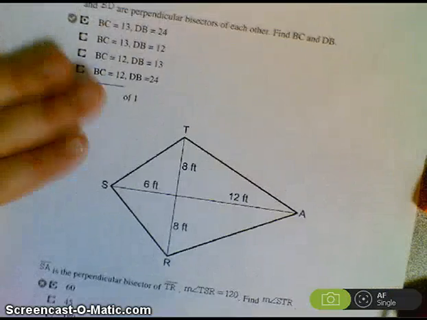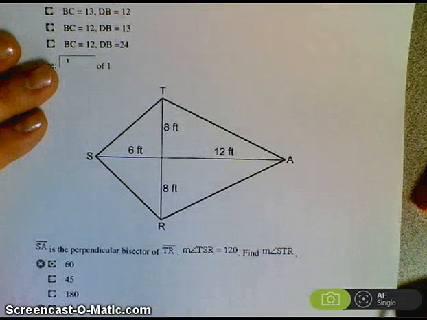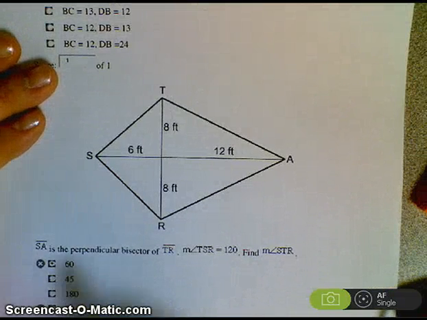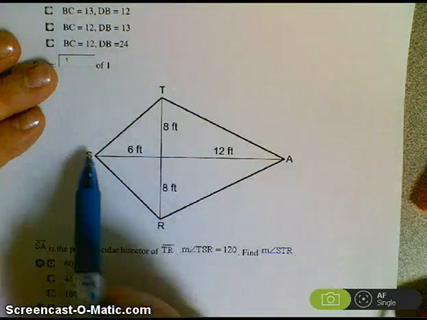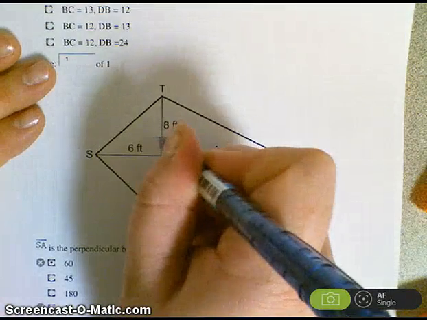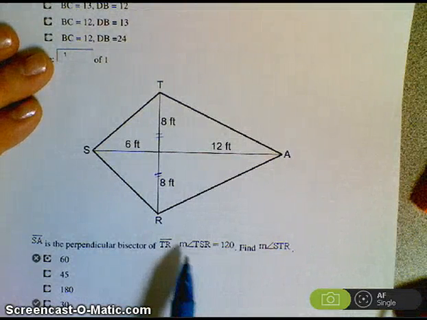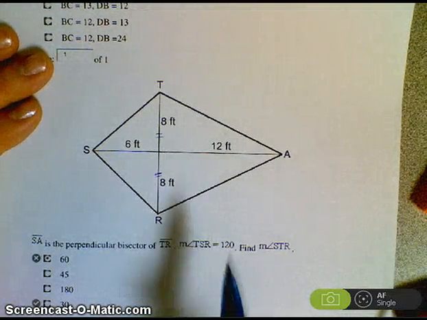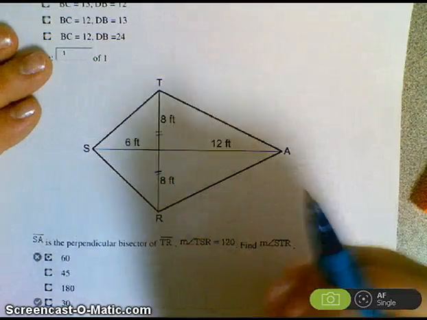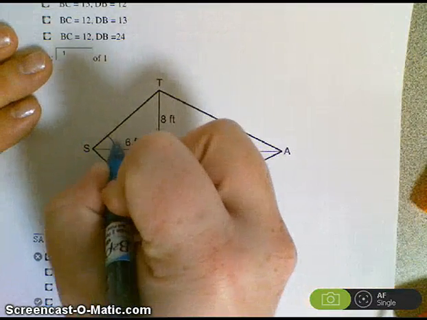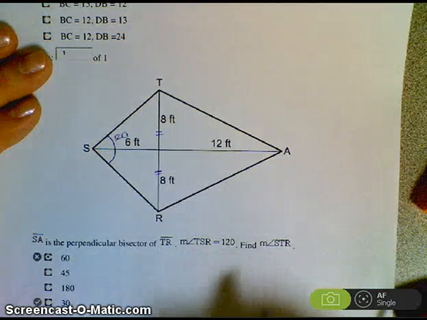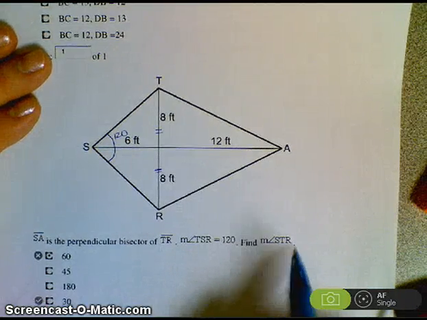Again, down here you have another perpendicular bisector question. It says SA is the perpendicular bisector of TR, which makes this side congruent to this side, which you already have marked. The measure of TSR is 120. Find the measure of STR.